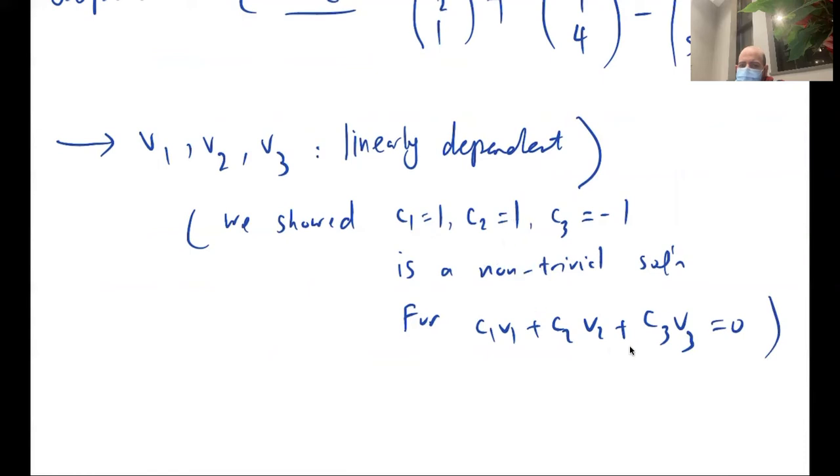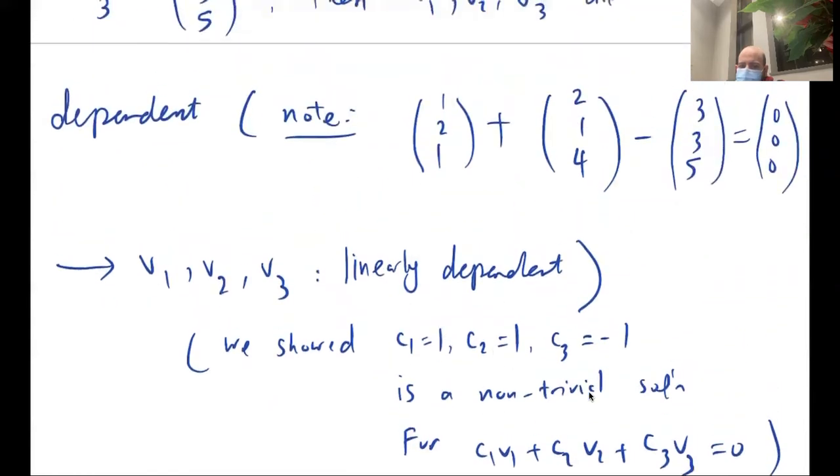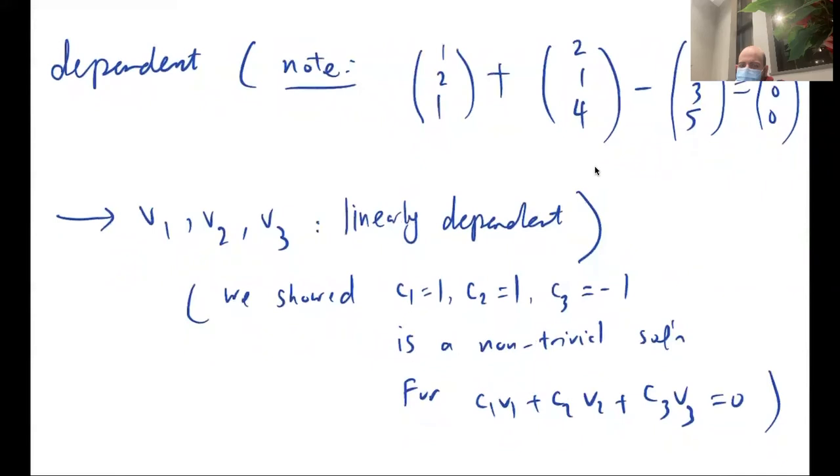We guessed the solution for this because we set C1 to be 1, C2 to be 1, C3 to be minus 1. Then we found out that V1 plus V2 minus V3 is 0. So that means this is a non-trivial solution for this system.